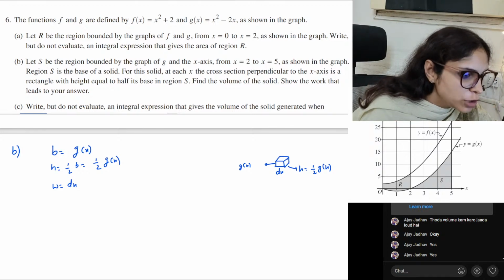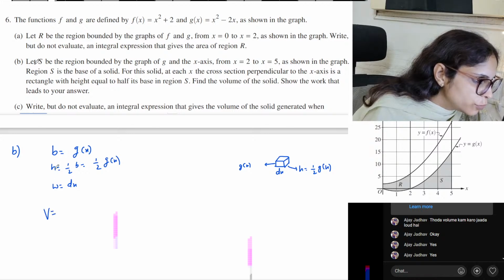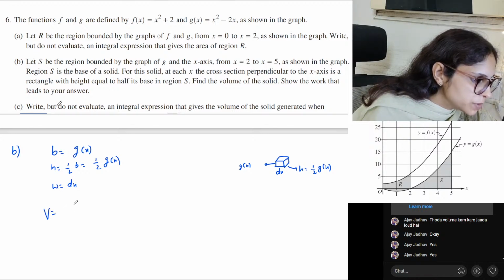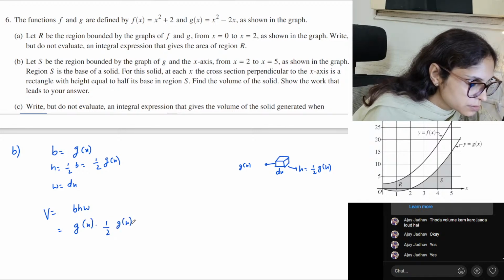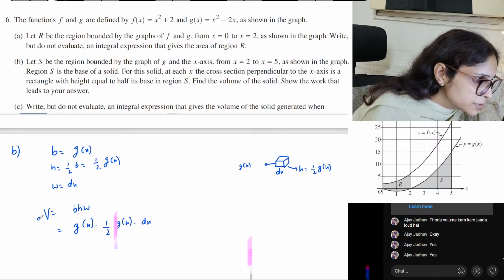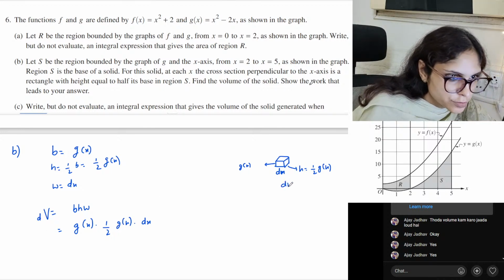Now we have to find the volume of the solid. So volume is going to be base times height times width. That is g of x times half of g of x times dx. That is going to be dV, the volume of this small portion.